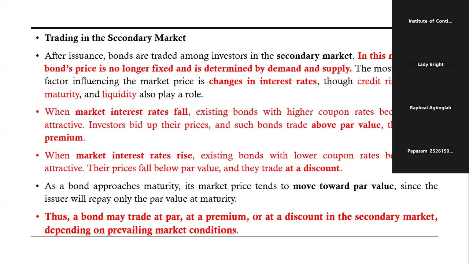Price changes in the market do not affect the par value, but you are buying it at a certain premium or at a certain discount, though your par value is not affected.